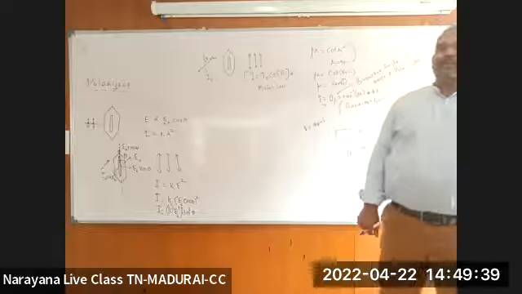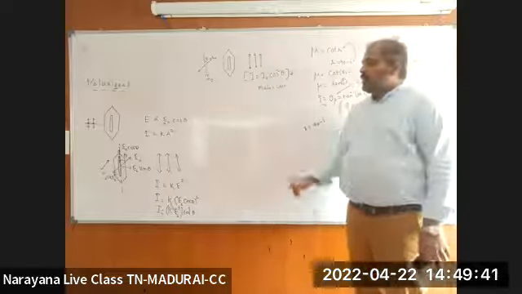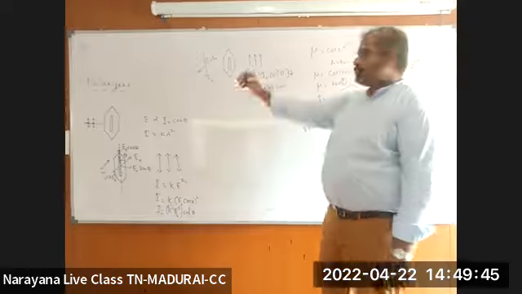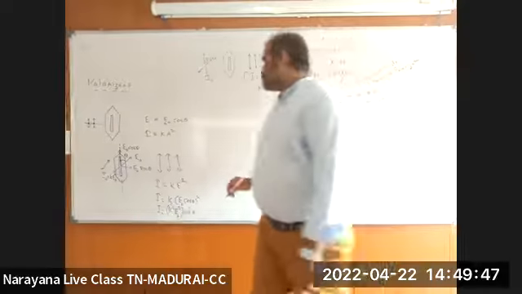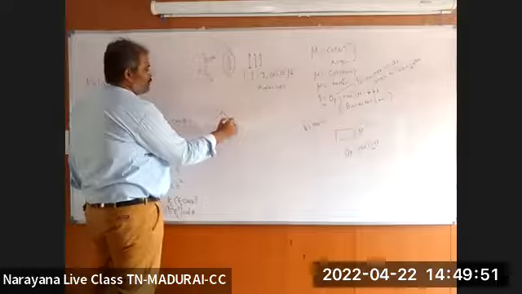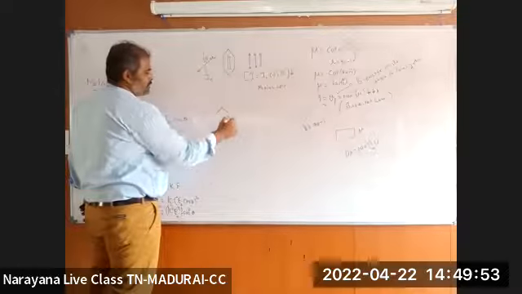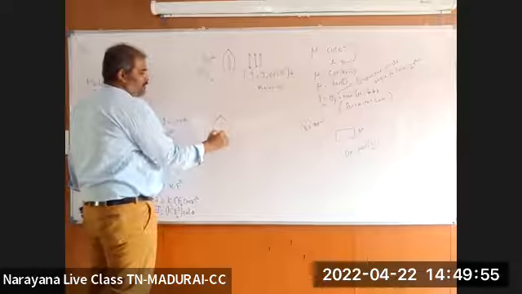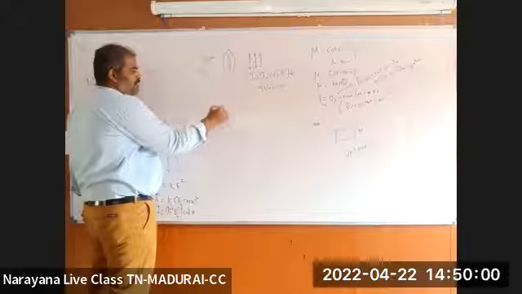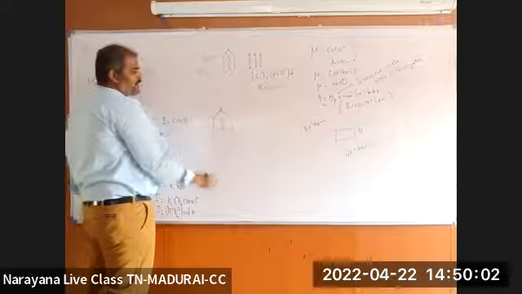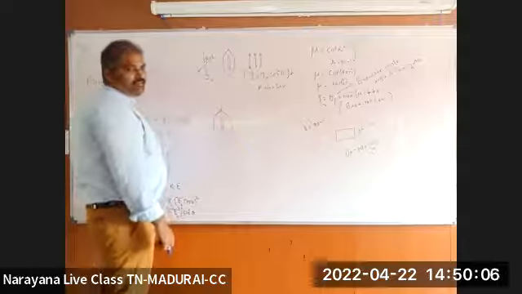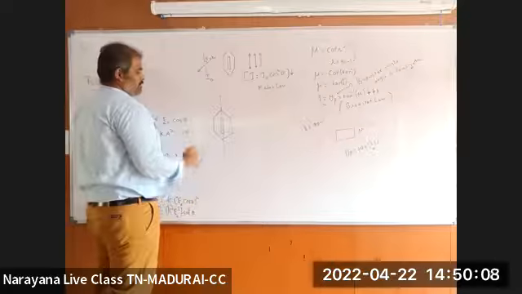Understood? Okay. Now we will have some situations here. For example, I am taking one polarizer. Every polarizer is having one vertical slit. If you imagine one line passing through this vertical slit, it is called the axis of polarization. Understood?